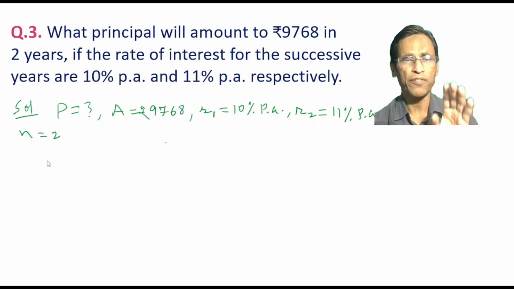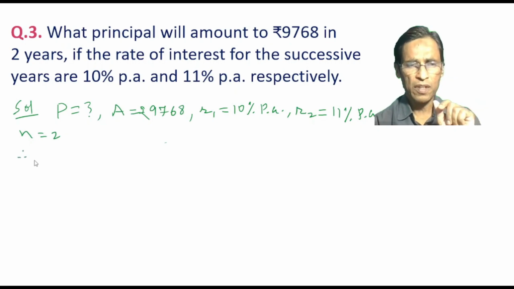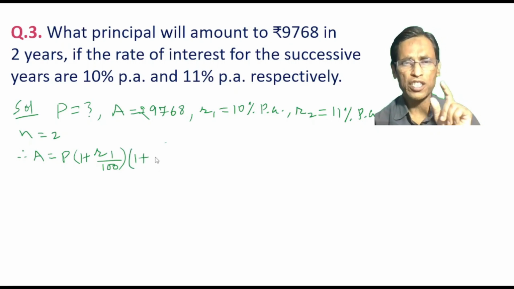Now we will use the formula for amount in which principal is involved, that is A equal to P times 1 plus R1 by 100 into 1 plus, this time rate of interest will be expressed as R2, so R2 by 100.